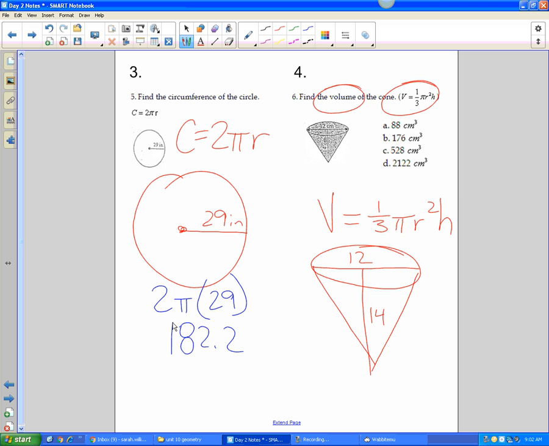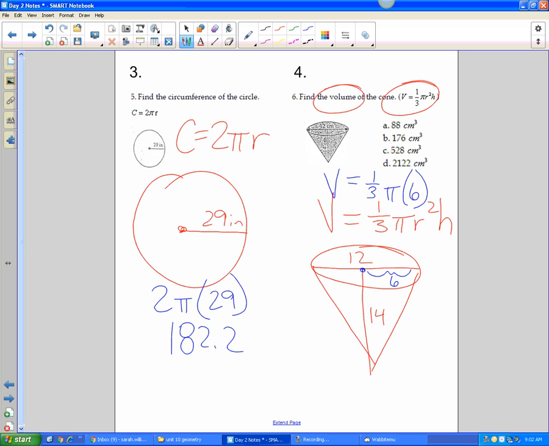All right, so for this, I'm going to write V equals 1/3 pi. Riley K., what does the R stand for again? Radius. Riley K., is 12 the radius? No. How do I find the radius? Divided by 2. The radius is going to be 6.